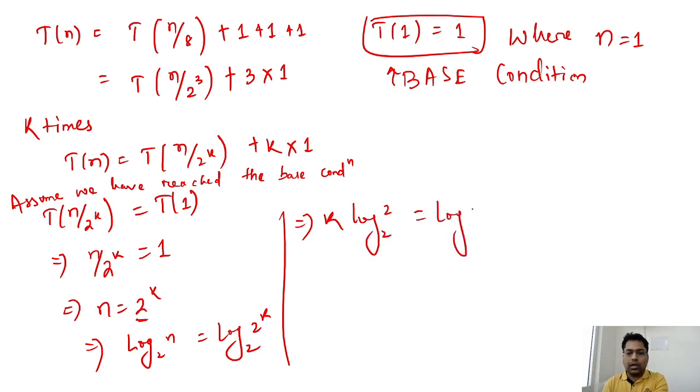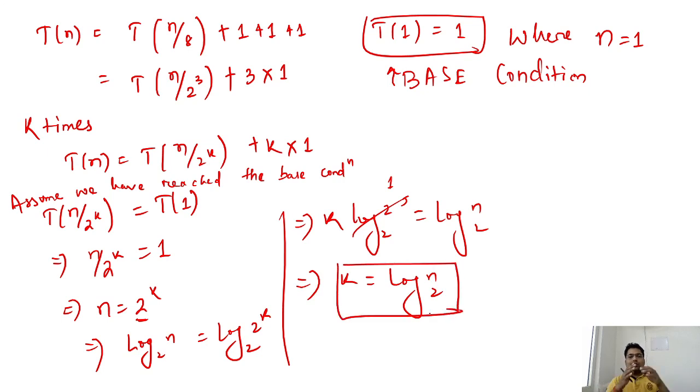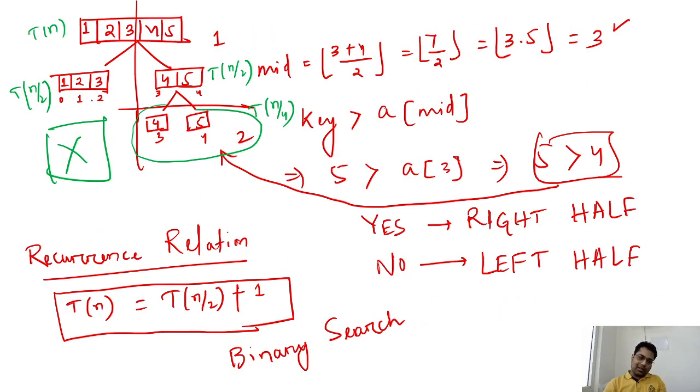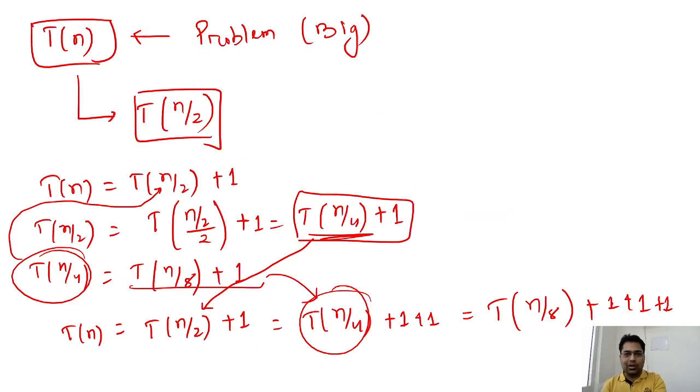Now this is 1, so the value of k is exactly log n; we are running for log n time. Indirectly, if you think of it as a tree, we are following height or level wise. The level and height are considered, so that is also log n.